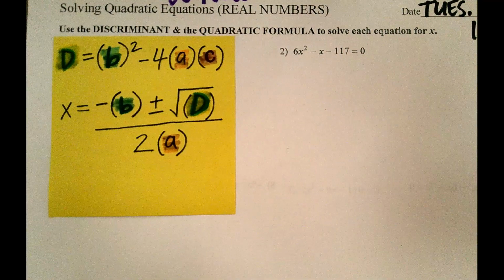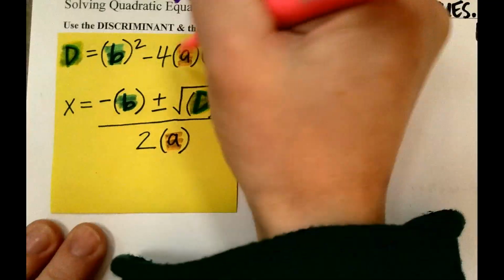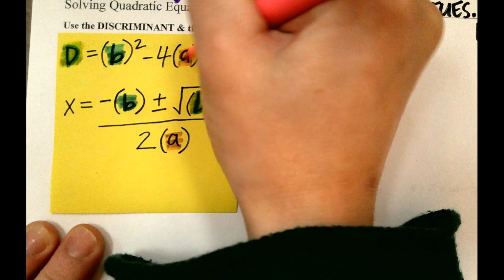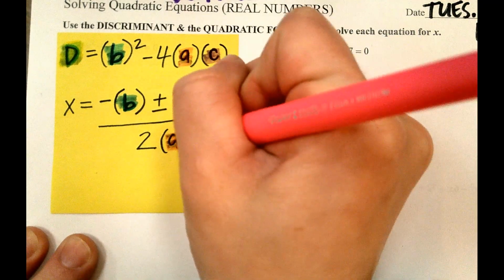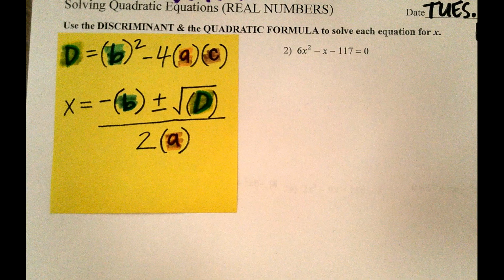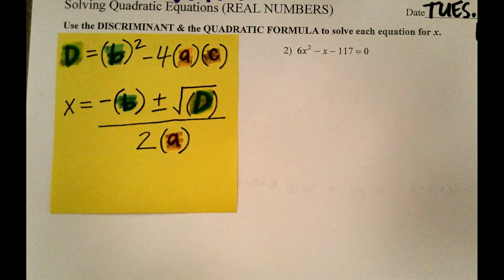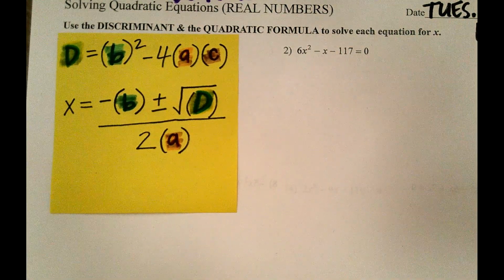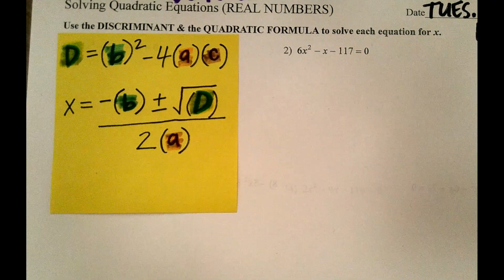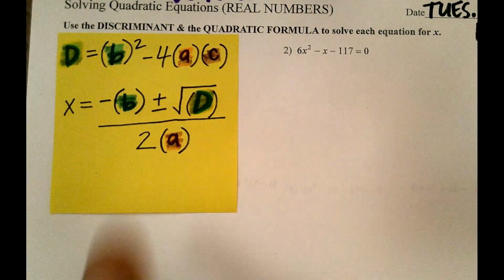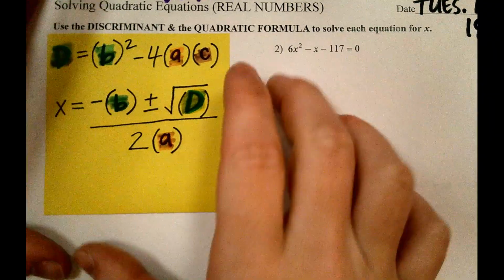Okay, so now we can see what's getting plugged in a little better. Discriminant is b squared minus 4ac. Anything that's not highlighted is always included in the formula. You want to never put any extra numbers in where there's no highlighting.